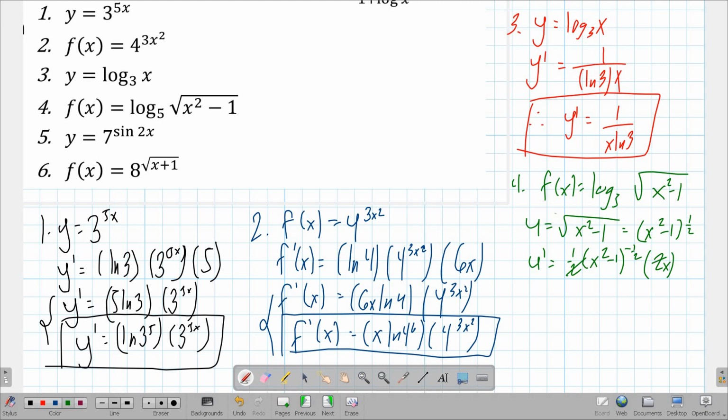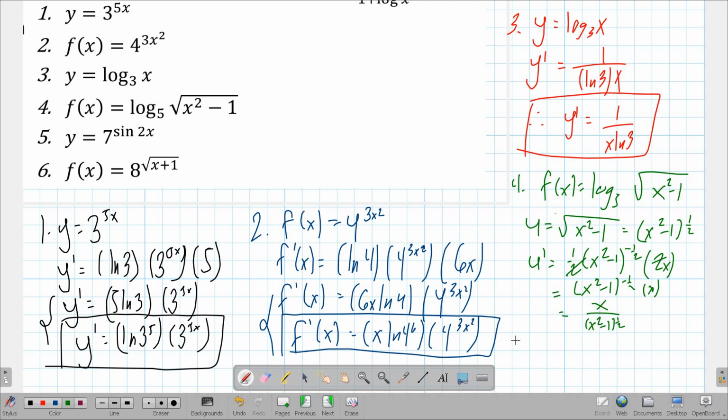This cancels out, so we get u prime as x times x squared minus 1 raised to negative 1 half. And this actually becomes x over x squared minus 1 raised to 1 half.